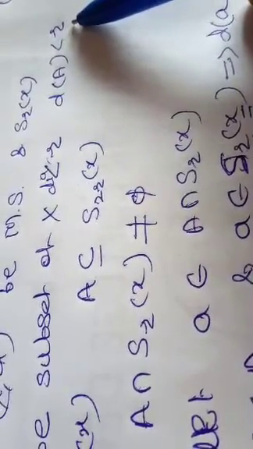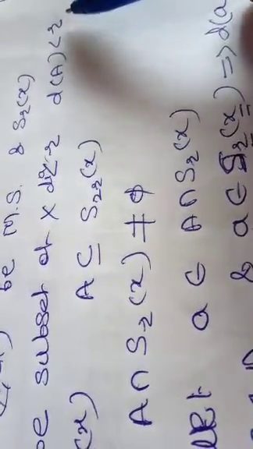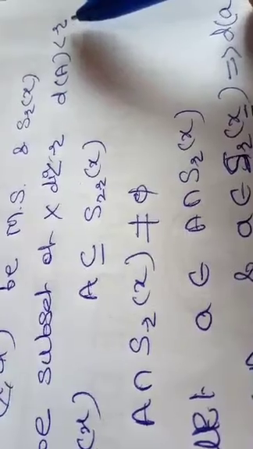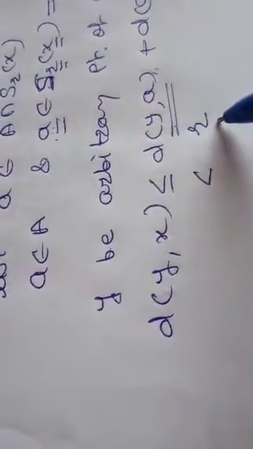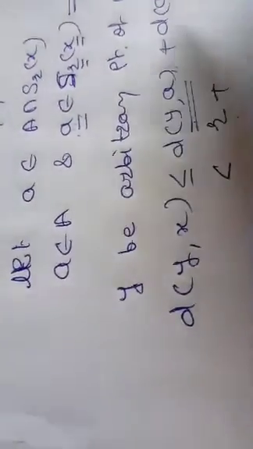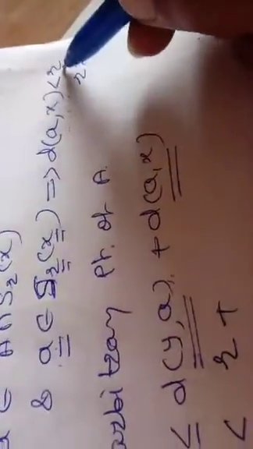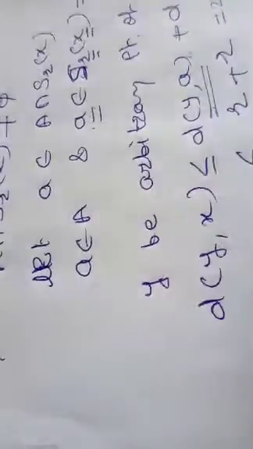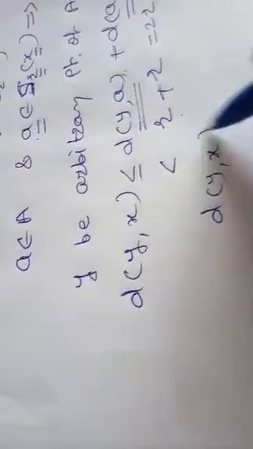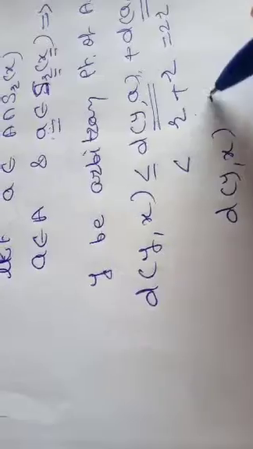So d(y, a) is less than r, and d(a, x) is also less than r. We can write r plus r, which is equal to 2r. Means d(y, x) is less than 2r.